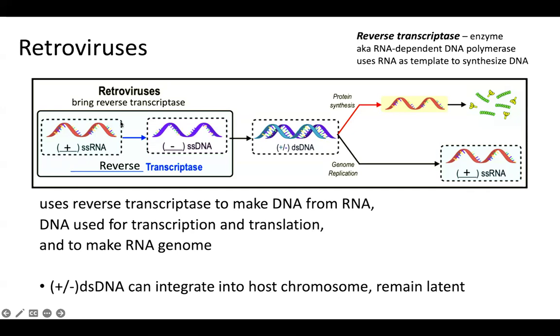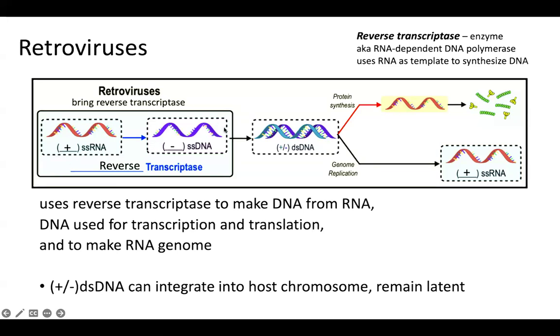All right, if we think about a single-strand RNA retrovirus, this is positive sense. It's going to have reverse transcriptase with it, and rather than a DNA polymerase or an RNA polymerase, it's going to use reverse transcriptase to build a negative sense DNA strand off of the positive RNA strand.